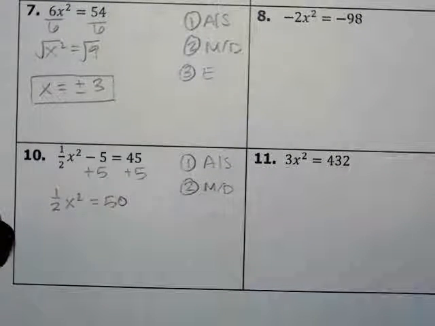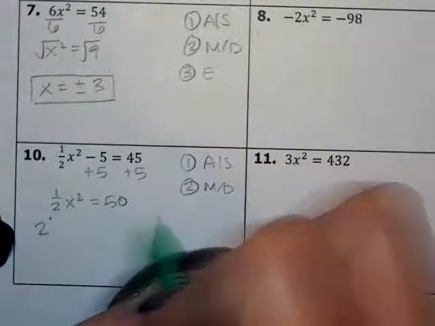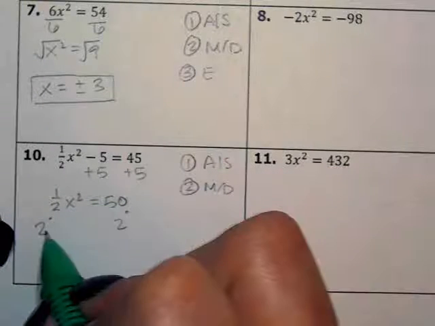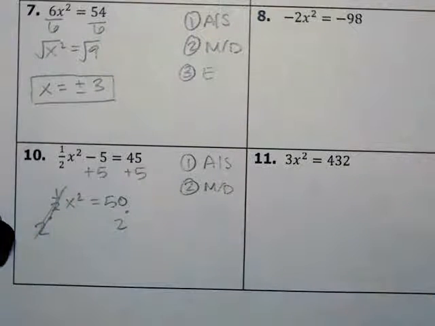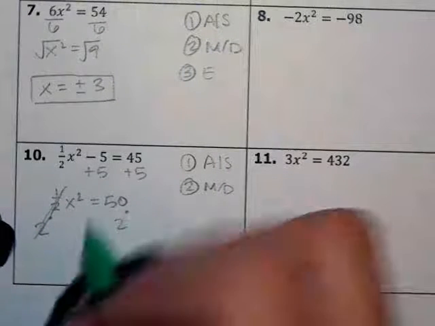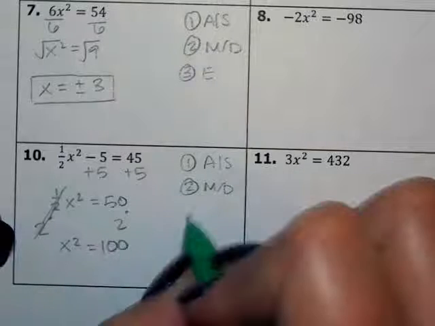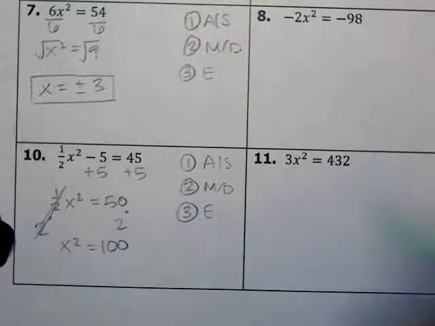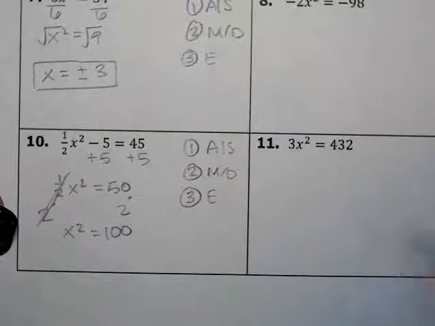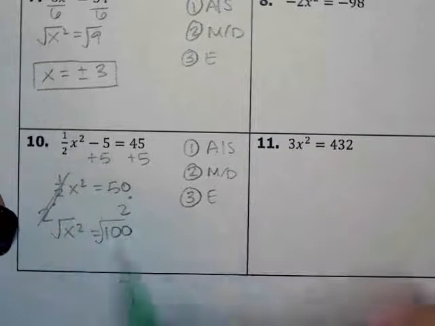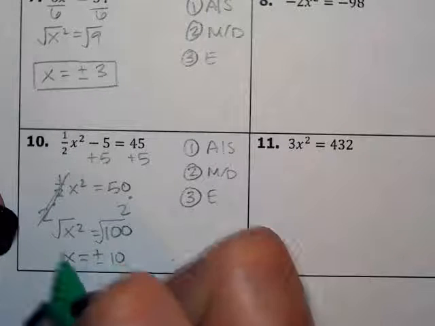So you could divide by 1/2, but that's a little bit trickier than just multiplying by 2 to get rid of it. So 1/2 times 2, that just cancels out. And then 50 times 2 is what? 100, okay? Is there an exponent you could introduce or an exponent you could get rid of? Yes. Get rid of. What are we going to do? Square root. And x equals? Plus or minus 10. Okay.